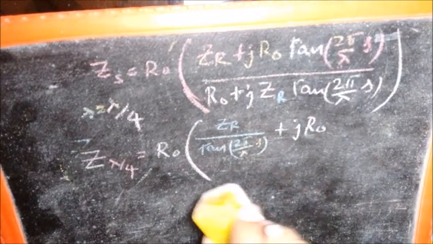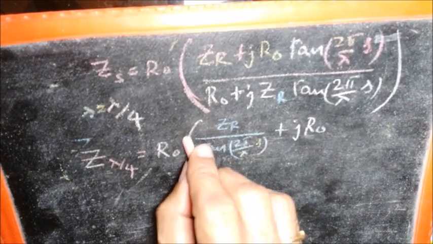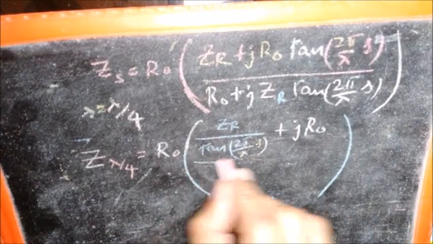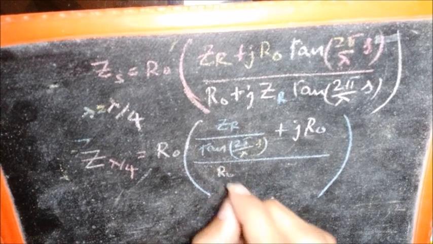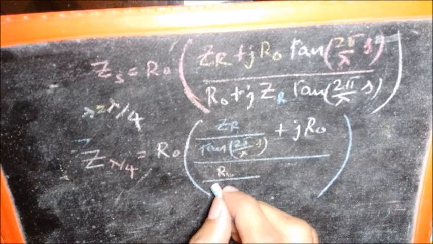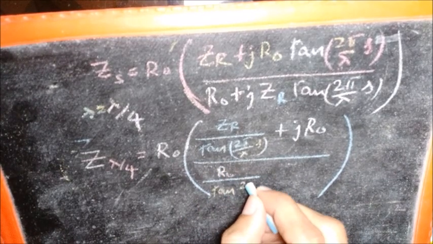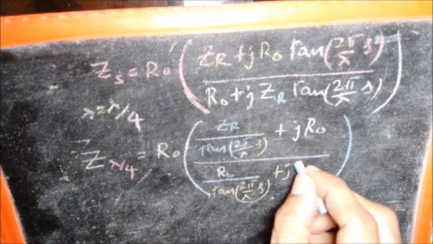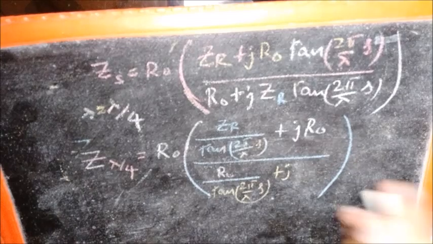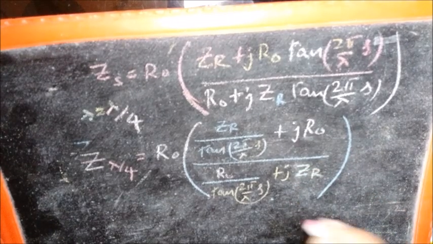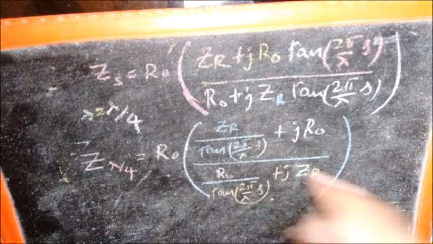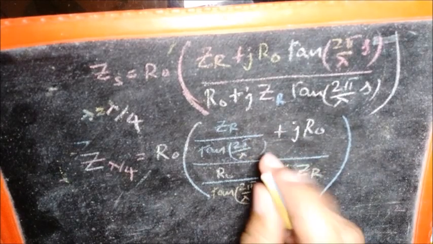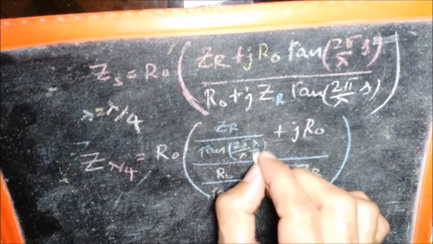So we do it like this. We rewrite the expression like this. Simply divide the numerator and denominator by tan 2 pi by lambda S, plus j ZR. And now you can see what happens if S is equal to lambda by 4.